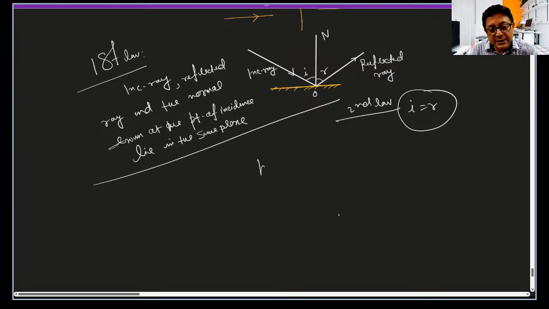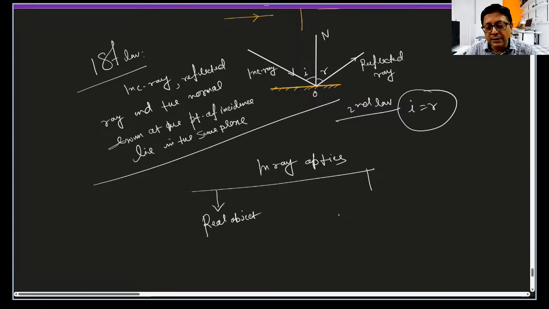In ray optics, two kinds of objects are there: real object and virtual object. Okay?